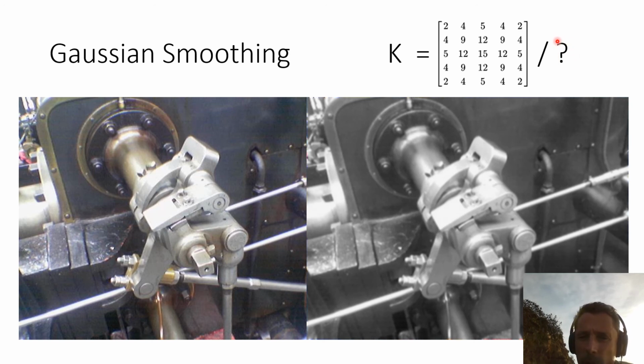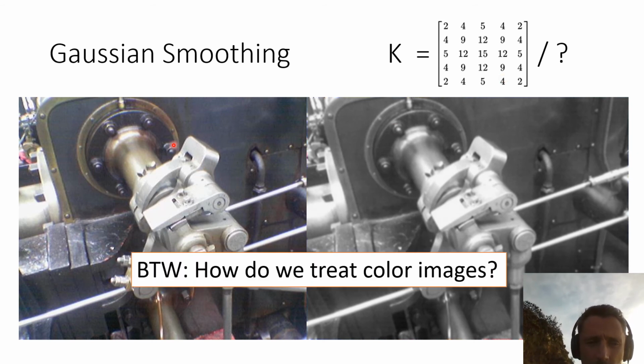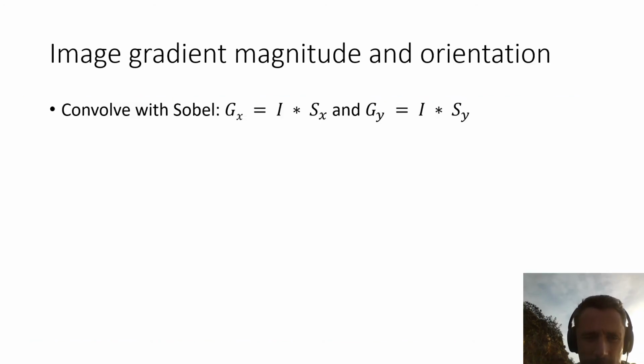And so what then would you have to divide this kernel with? Oh, and by the way, how do we treat color images, right? So how can we convolve this matrix with this kernel? Also a question for the Q&A session. It's simple. Don't worry.